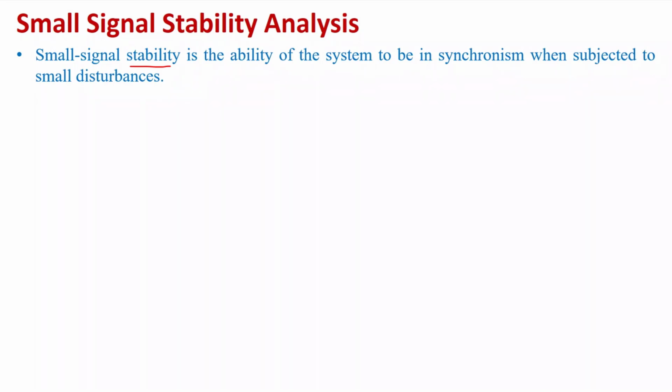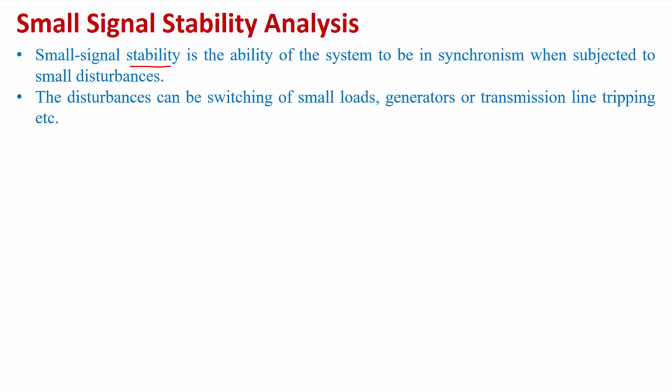How does it maintain this? It is because of the small signal stability of the system, the ability to keep the system in synchronism even if there are small disturbances. Sometimes these small disturbances make the system more oscillatory and it becomes unstable. The disturbances can be switching of small loads or generators, or a transmission line tripping.